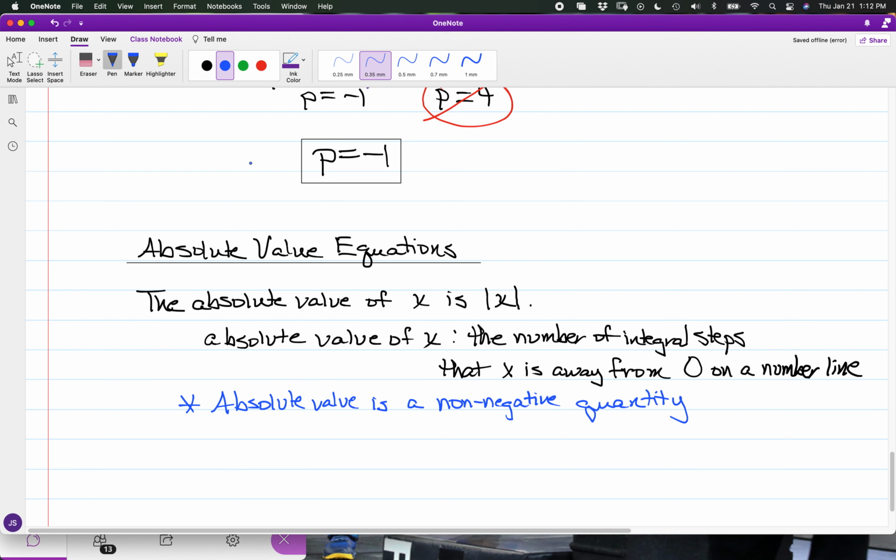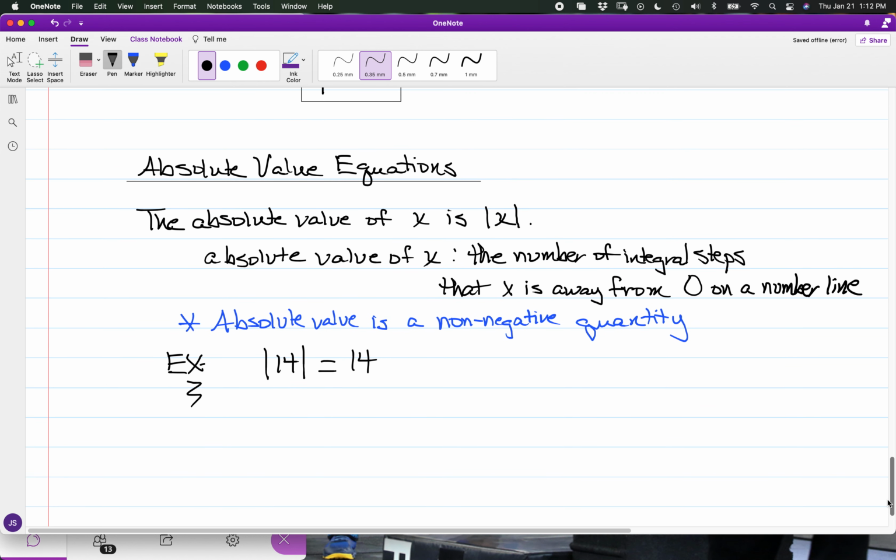Just taking some examples for determining absolute value, you have the absolute value of 14. The absolute value of 14 is equal to 14.